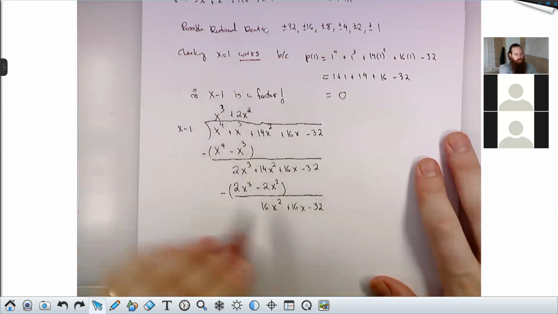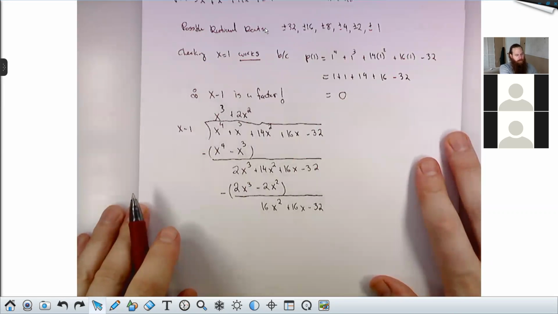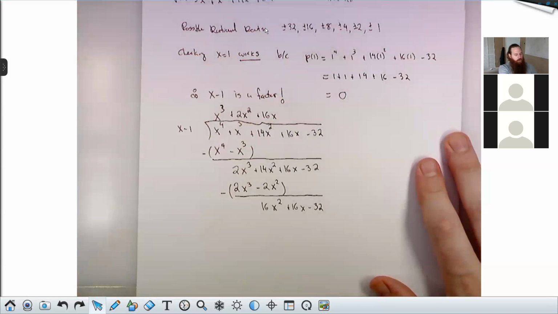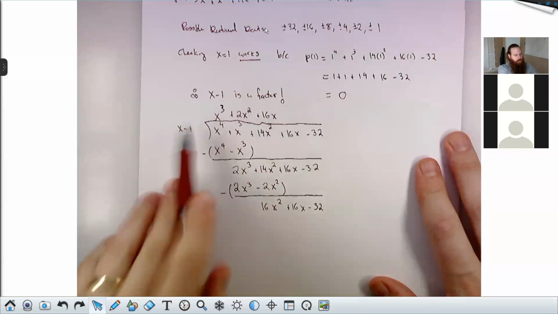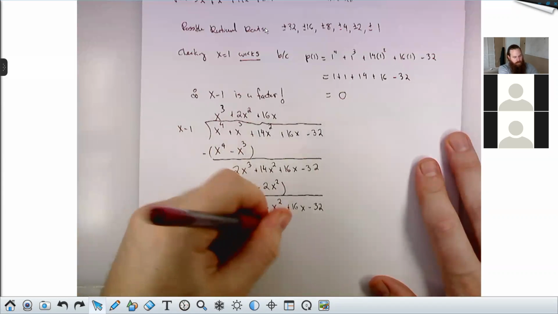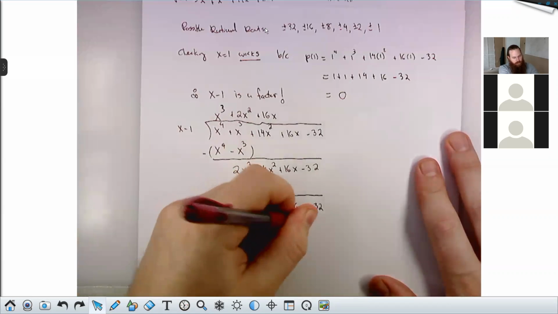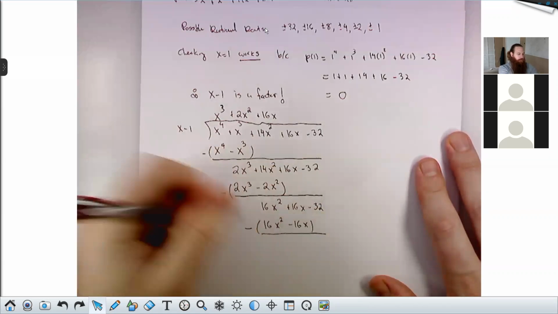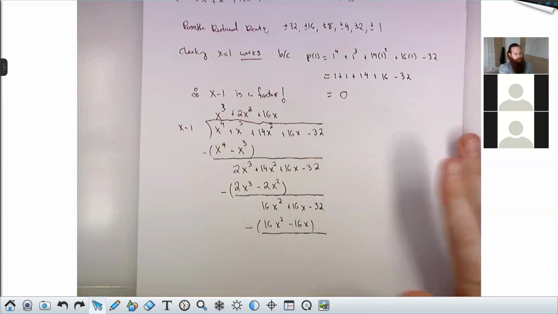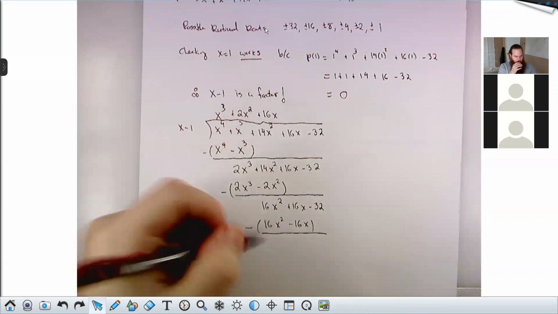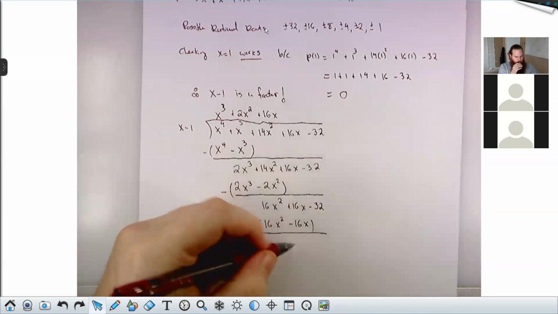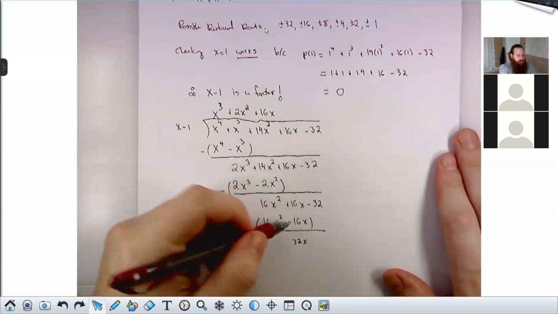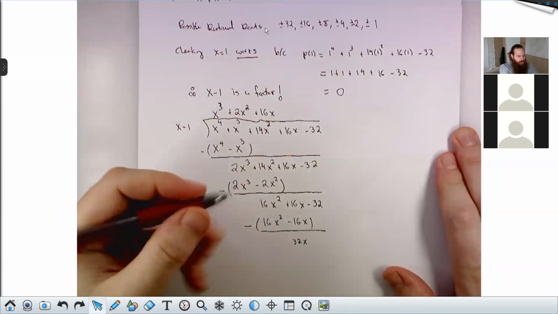To turn x into 16x squared, I would multiply by 16x. And when I distribute 16x over x minus 1, I get 16x squared minus 16x. And now it is time to subtract the rows. 16x minus negative 16x is positive 32x.